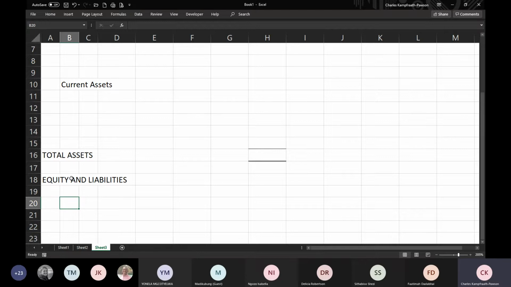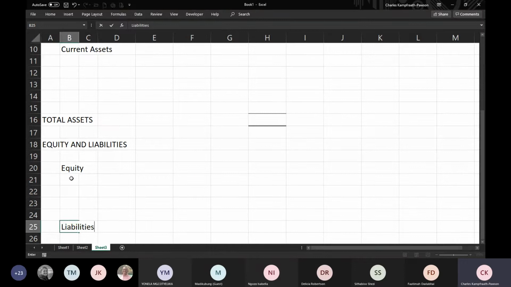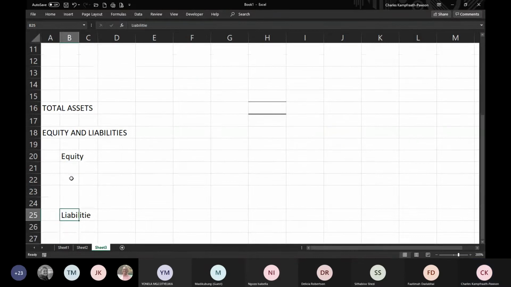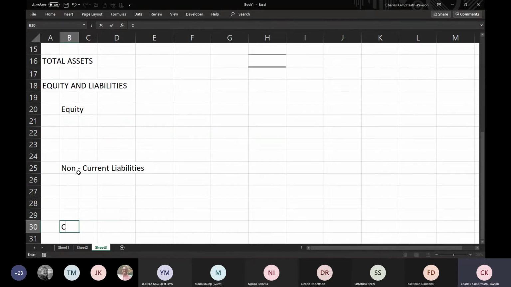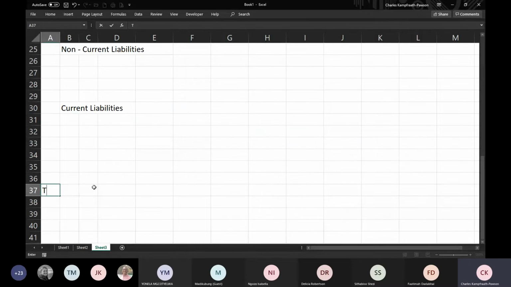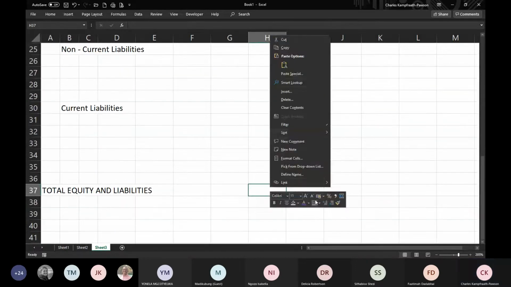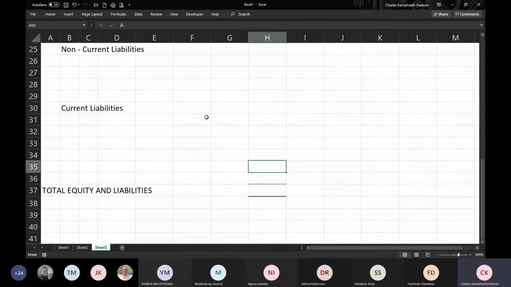Equity and liabilities are divided into equity, non-current liabilities, leave a few lines open, and current liabilities. After a few lines, you can say again total equity and liabilities. Okay, everybody happy?